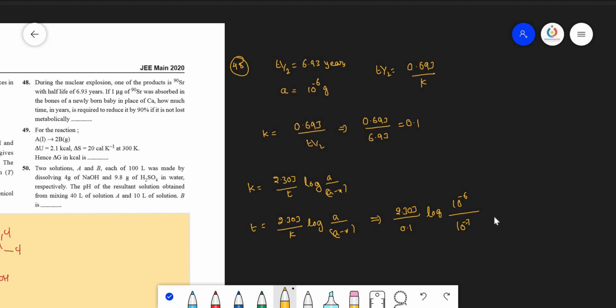So this value becomes only 1. From this we get 2.303 divided by 0.1, which equals 23.03 years. So the answer is 23.03 years.